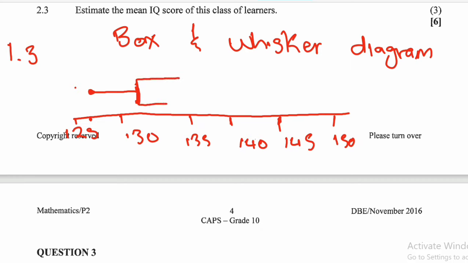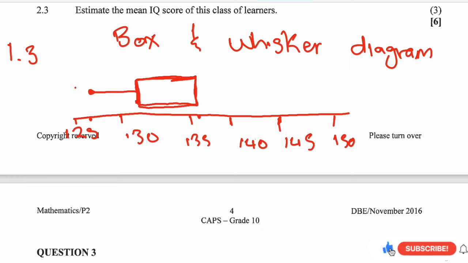Now we need to represent Q2. Remember, Q2 is 136.5. So it's somewhere around here. Remember, our diagram is not drawn to scale, but it must be drawn to scale for you because you'll be using a ruler and a perfect scale. So you'll be measuring perfectly where your 136.5 could be.